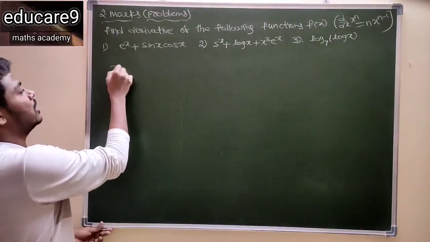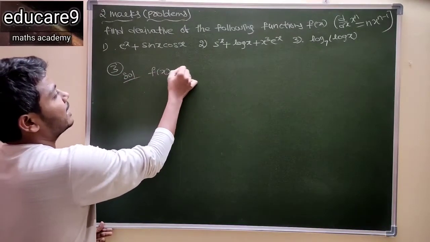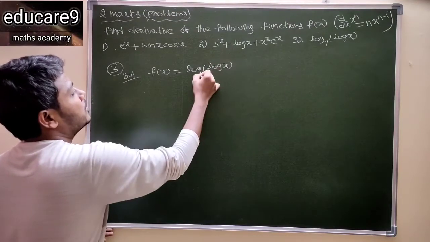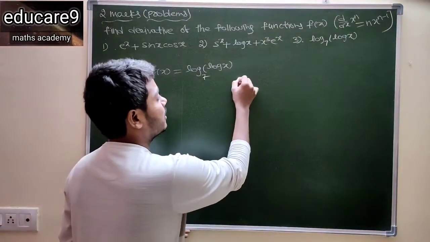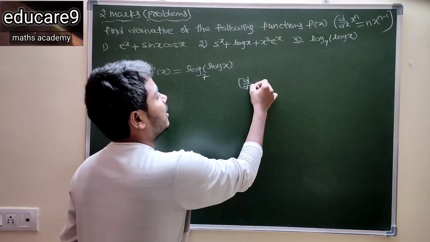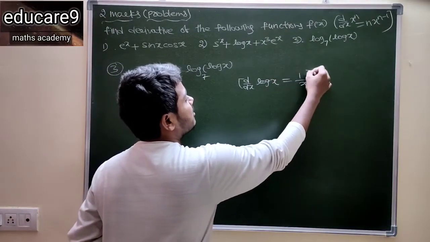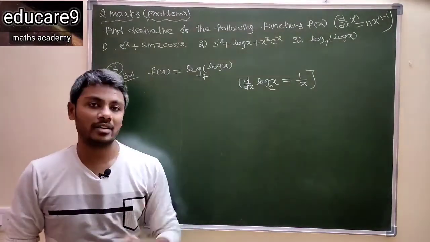So see question number 3. f of x is equal to what? Log of log x to the base 7. See here, you know that d by dx of log x is 1 by x. So the base is e, but here the base is 7.